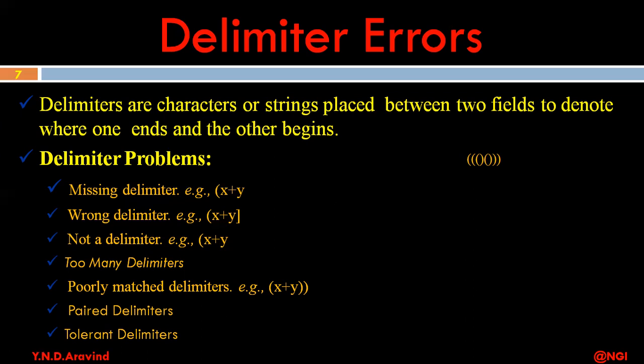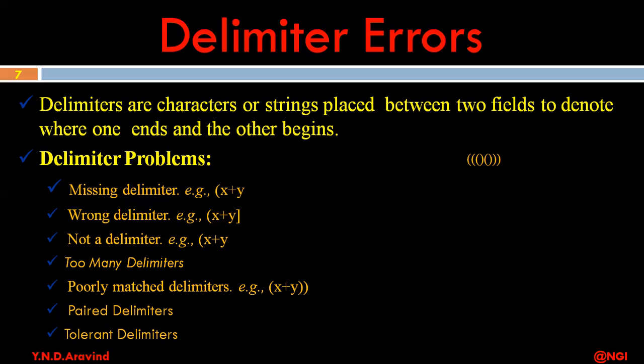And the last one is tolerant delimiters. These delimiters may be optional, or several alternate formats may be acceptable. In communicating systems, for example, the start of a message is defined as a particular character sequence.